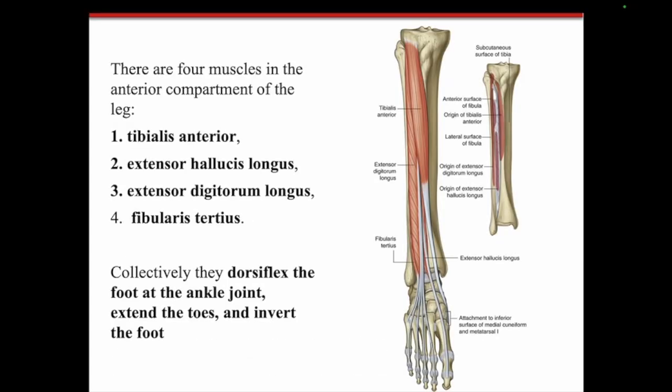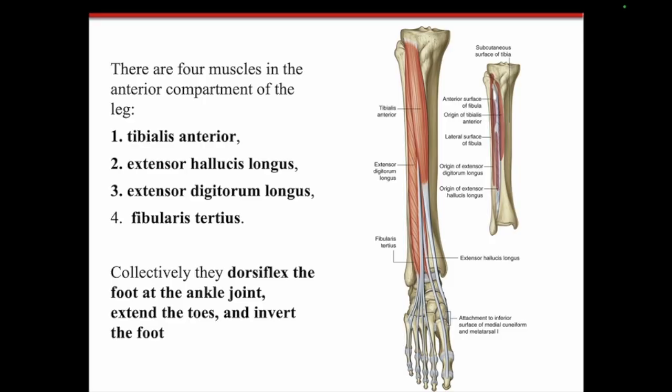In the anterior compartment, you have the tibialis anterior, the extensor hallucis longus, extensor digitorum longus, and the fibularis tertius. If you imagine contracting them, you are pulling the foot up, which is dorsiflexing the foot at the ankle joint, and extending the toes.